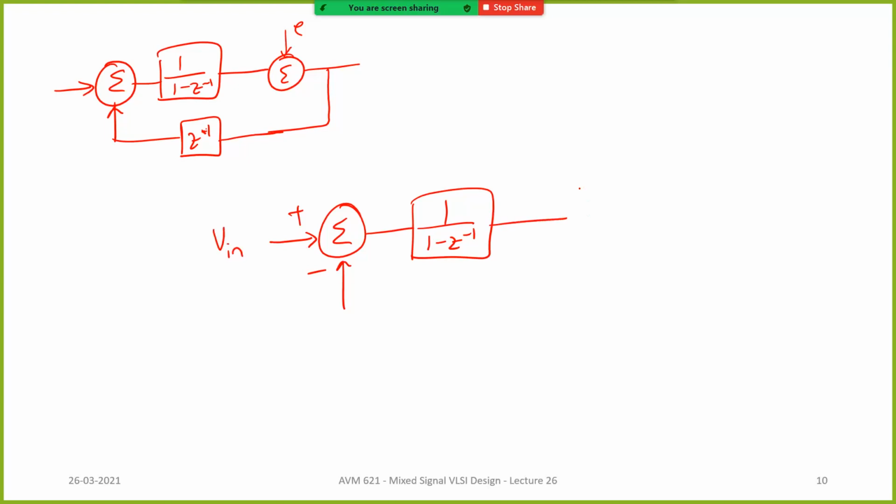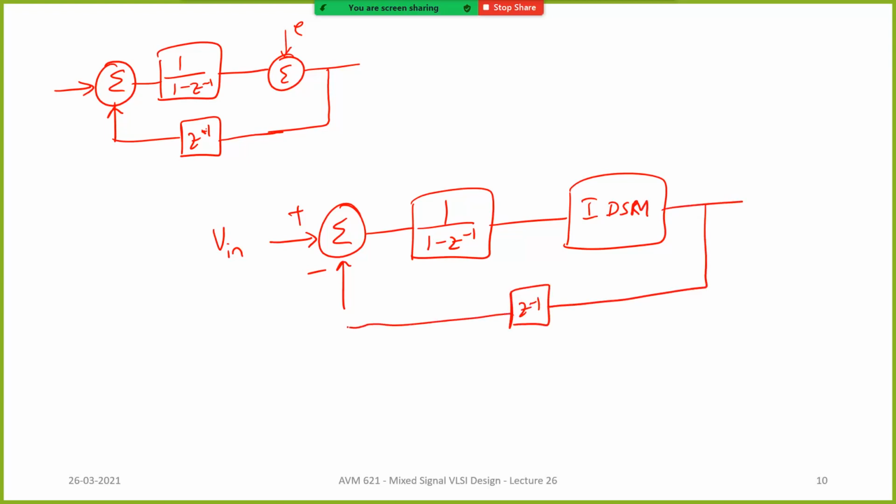Now instead of the quantizer, I'm going to put a first order DSM. So instead of the quantizer alone being in the loop, I am going to put the first order delta sigma modulator itself into another delta sigma modulator loop. This is what is called a second order delta sigma modulator. Let us expand this.